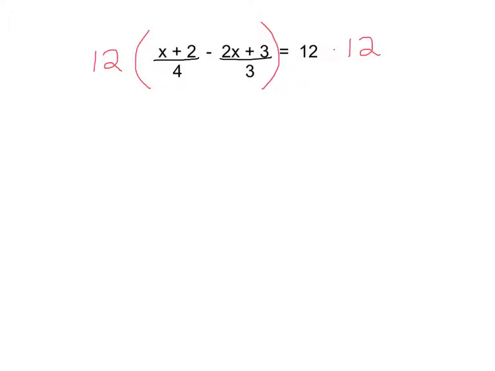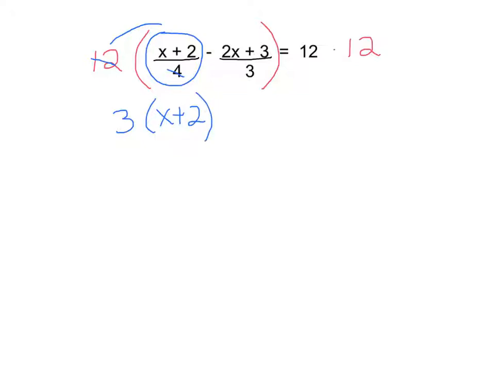And then I'm going to use the distributive property again. I am going to multiply 12 times the entire term that I have here, x plus 2 over 4. When I do that, the 12 and the 4 cancel each other out. I'm left with 3, and then still in parentheses, x plus 2.